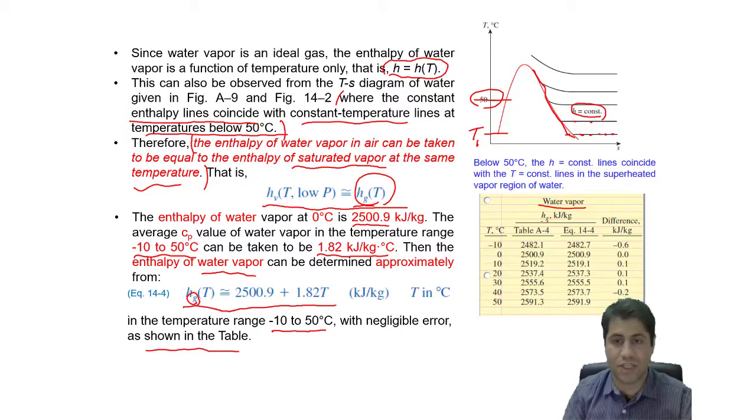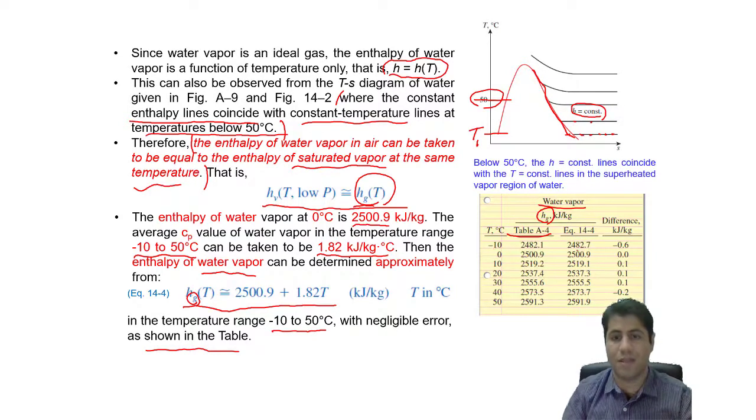How much is h_g, or enthalpy of the saturated vapor? You can see here 2482 for negative 10 degrees Celsius and 2500.9 for 0 degrees Celsius, and so on. This is exactly from table A-4, as you know. And these are the enthalpies which we can calculate by this equation.